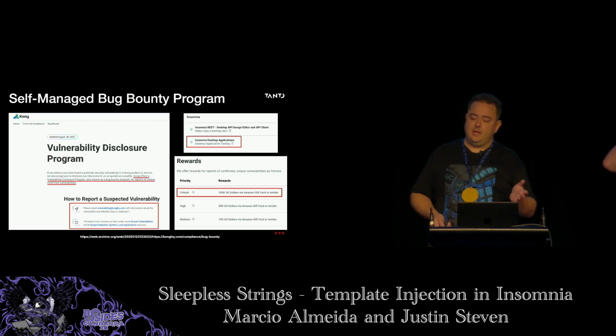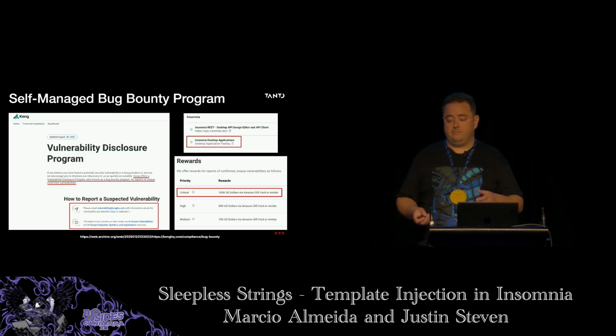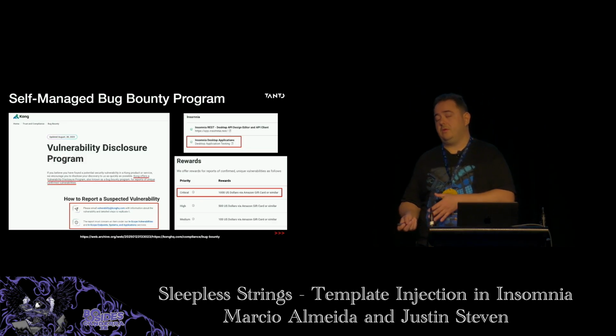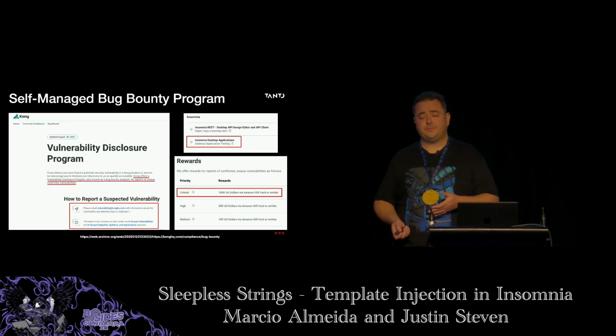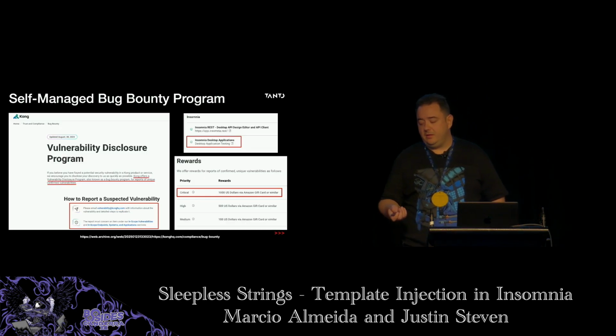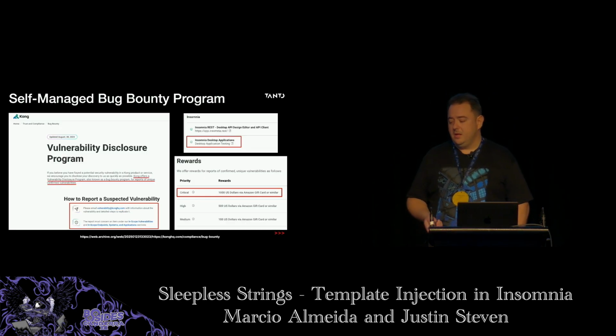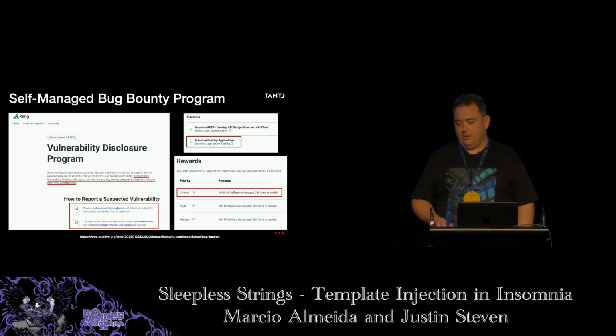And then we visited the web page and we were surprised, because at the time when we reported this vulnerability to them, they had a self-managed bug bounty program, meaning they offer up to $1,000 USD in gift cards for critical bugs. And also Insomnia desktop clients were inside the scope of this bug bounty program.